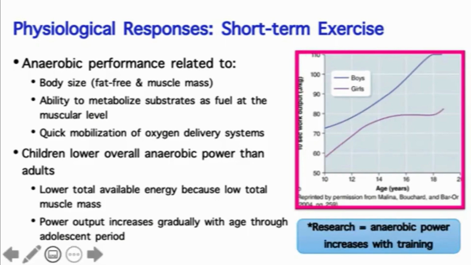Why the low numbers? Well, this y-axis is in joules per kilogram, so it's their power output relative to their body weight. And we can see research at least has shown that anaerobic power can increase with training. So the plateau effect that we see at 14 or 16 still has potential to increase if we implement a training program. So it's not over, okay?